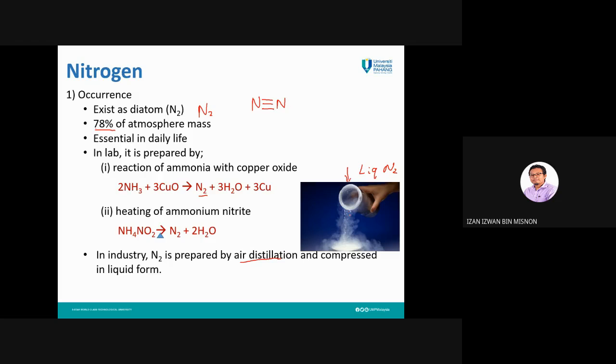So we can see that this is nitrogen in liquid condition. And sometimes when you are on the road, you may find a tanker carrying liquid nitrogen. So nitrogen is easily converted into liquid and easily transported in liquid state.